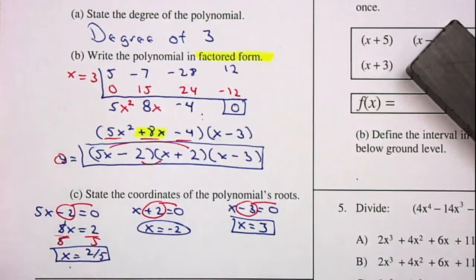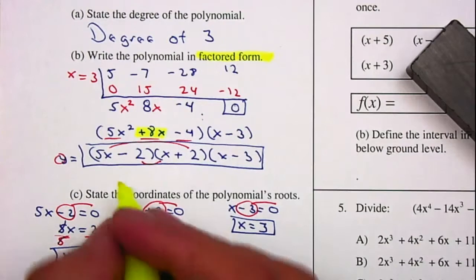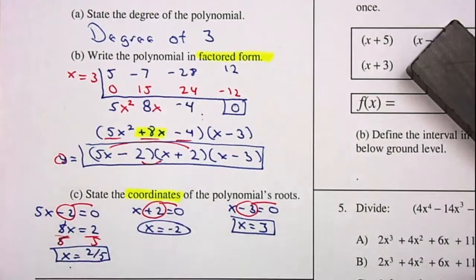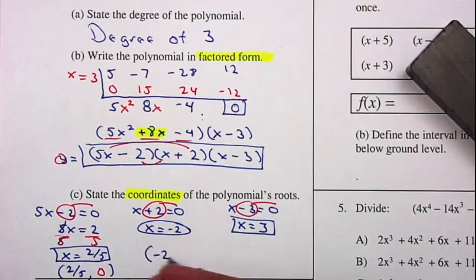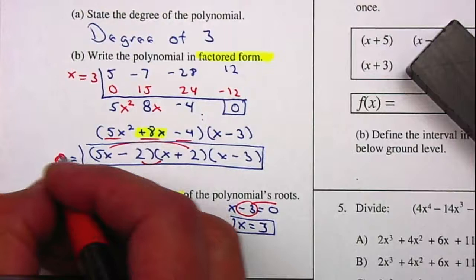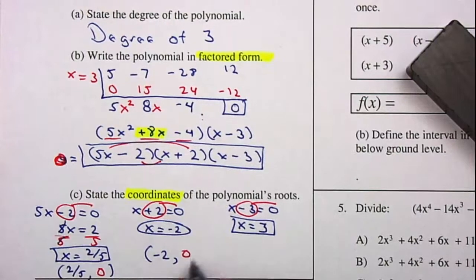You want to make sure that you are careful. They're asking you to state the coordinates. So therefore, I need to place it as a point. This is the x value, 2 over 5, and the y is 0. This is the x value, negative 2, and the y is 0.